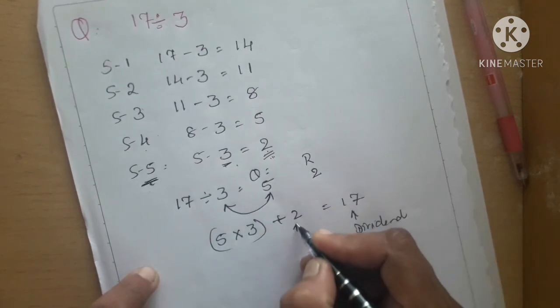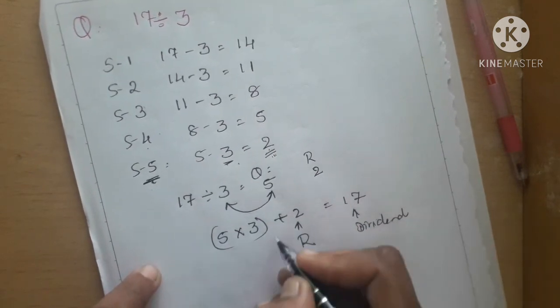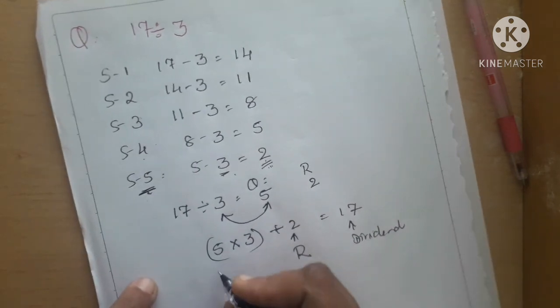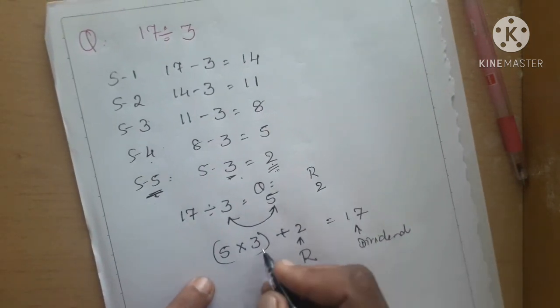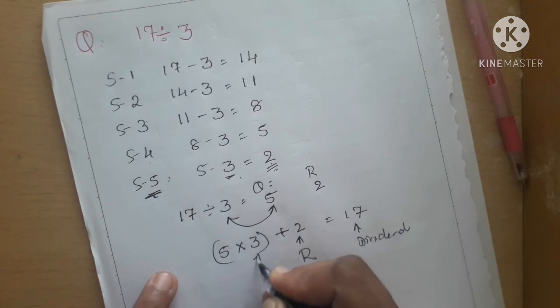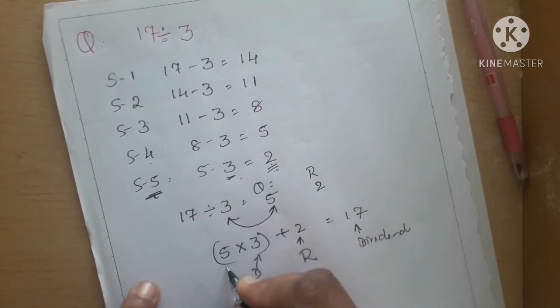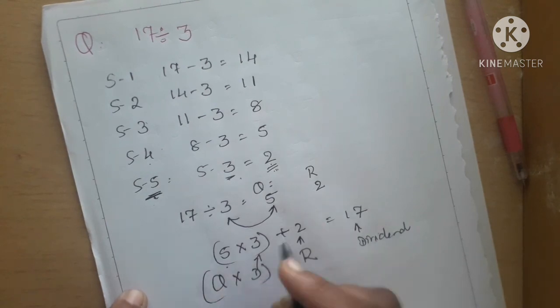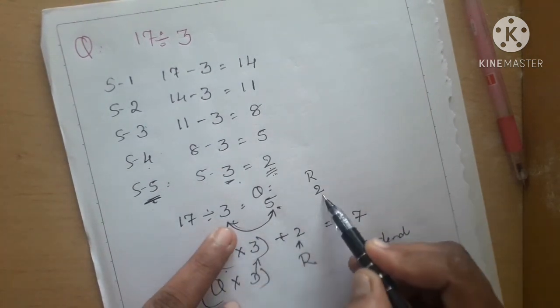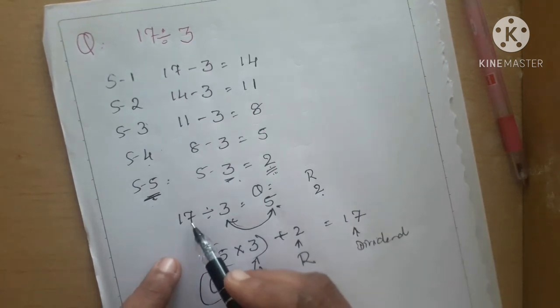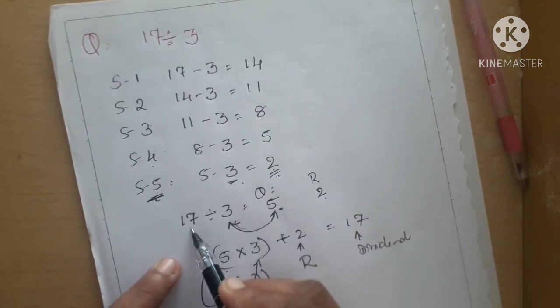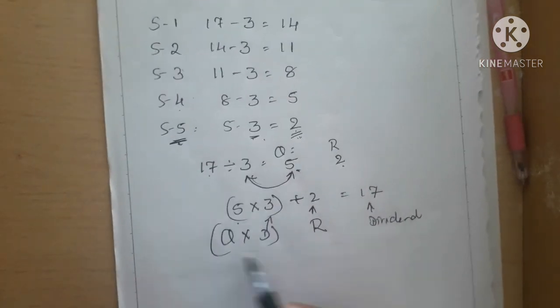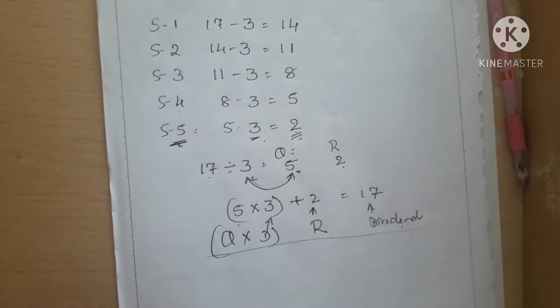This is your remainder, and the quotient and the divisor. This was your divisor and this was the quotient, right? So when you multiply these two and add this number, you get the dividend. This is your division algorithm.